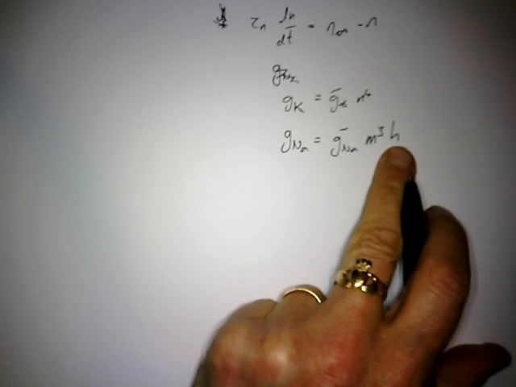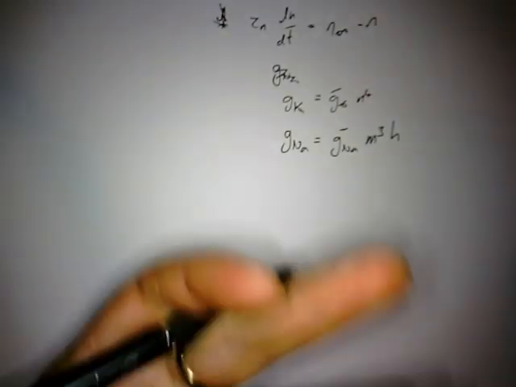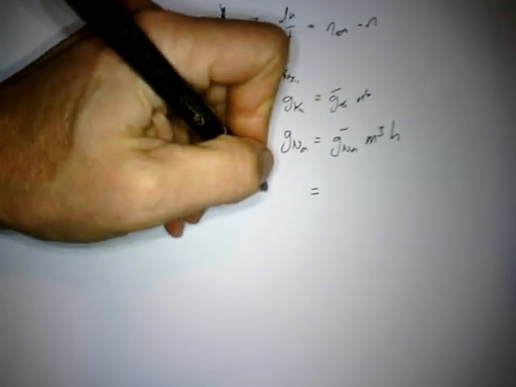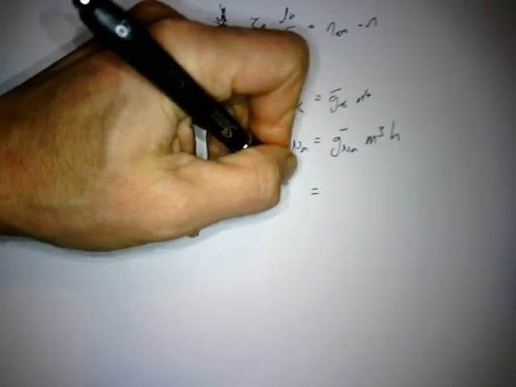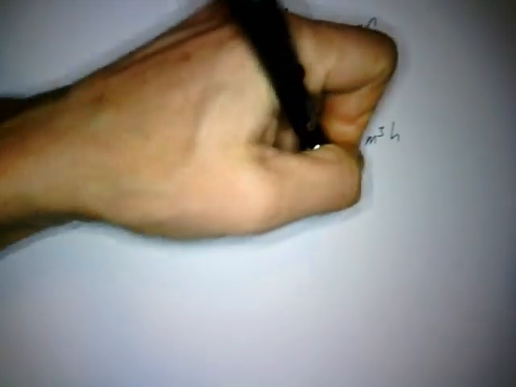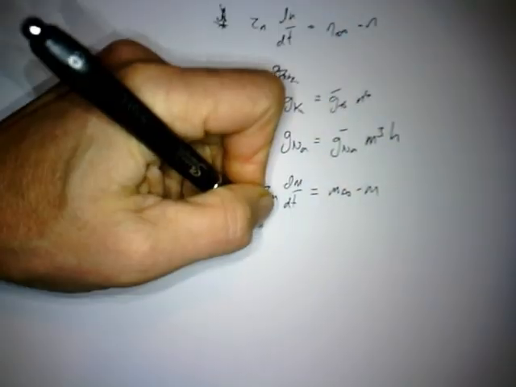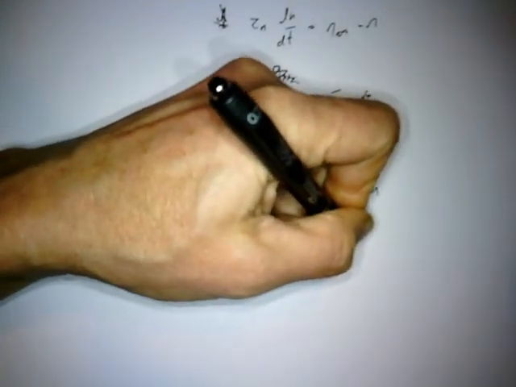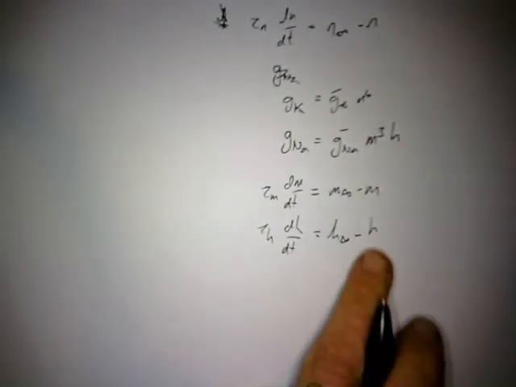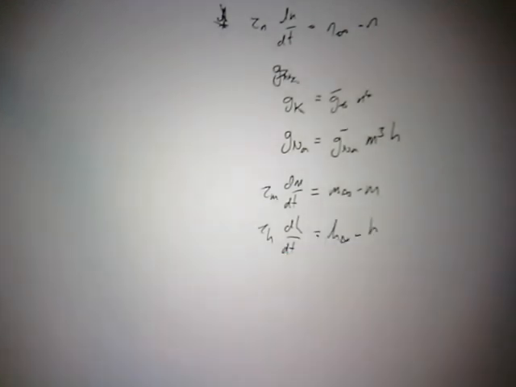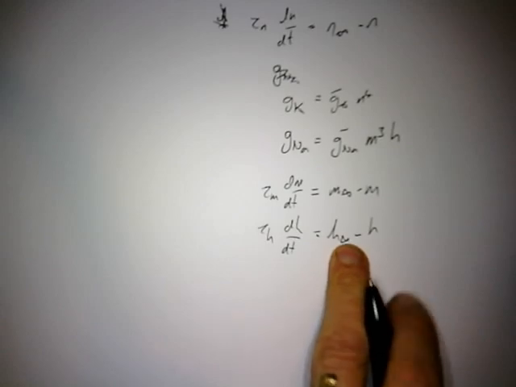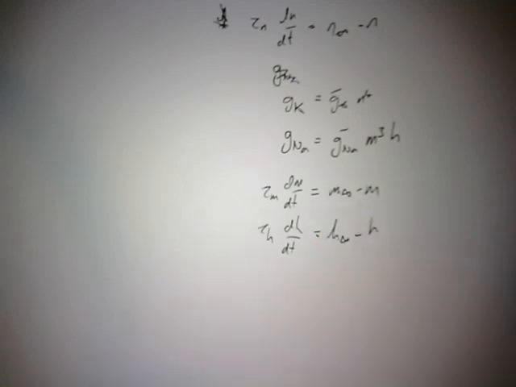But it also has this h gate, and both of them satisfy the same dynamics, so the same discussion we had before leads to tau m dm/dt equals m infinity minus m, and tau h dh/dt equals h infinity minus h. They both satisfy the same equation, but the difference is that h infinity goes from high to low, whereas m infinity, like n infinity, goes from low to high.